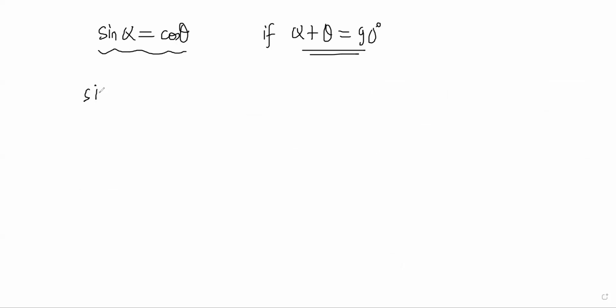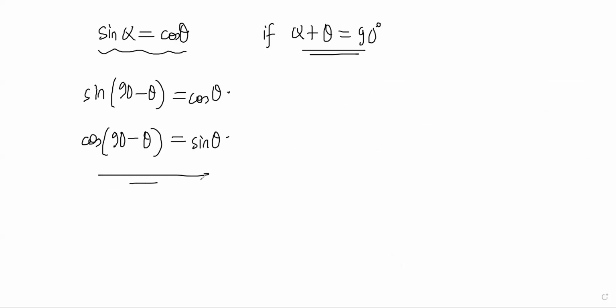Do you understand what I am saying right now? If alpha plus theta is 90 degrees, sine alpha is cos theta, or you can write it as sine of 90 minus theta is same as cos theta. Similarly, cos of 90 minus theta is same as sine theta. These are the basic rules for complementary angles.